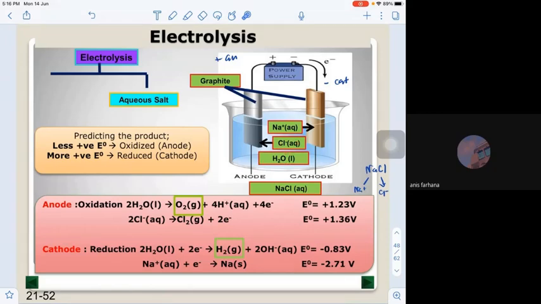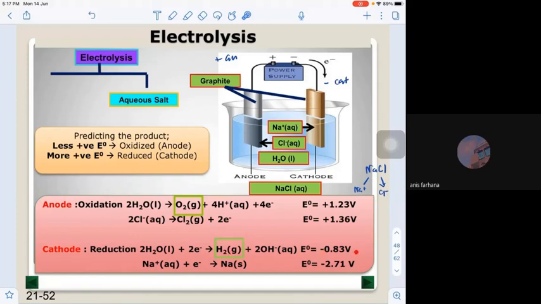That is why we have to list the equations of the reactions together with the E naught value. Chloride with its E naught value, then these are the two possible reactions at the anode. Then at the cathode, we know that the Na plus can undergo reduction. At the same time, H2O also can be reduced at the cathode. So we have to list down both possible equations. H2O reduced turns to H2 gas with the E naught of negative 0.83.